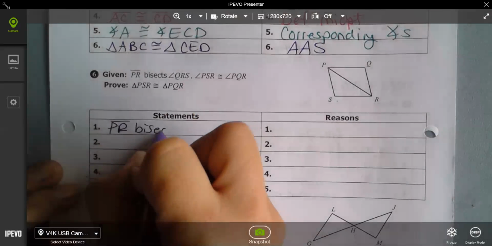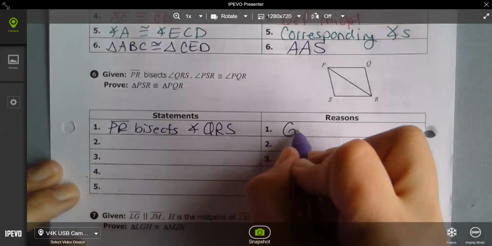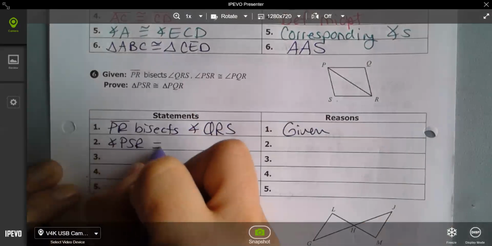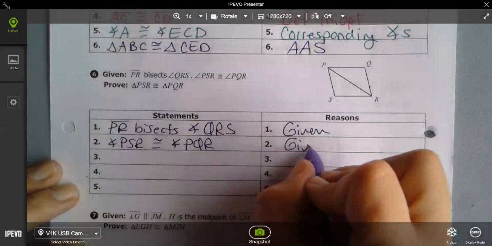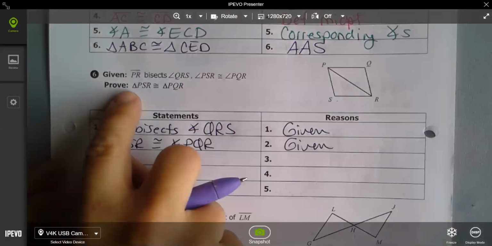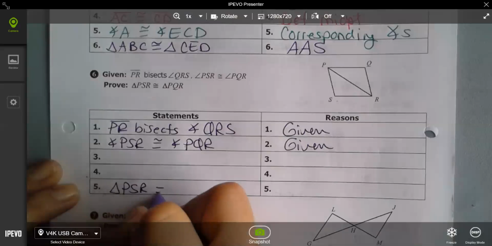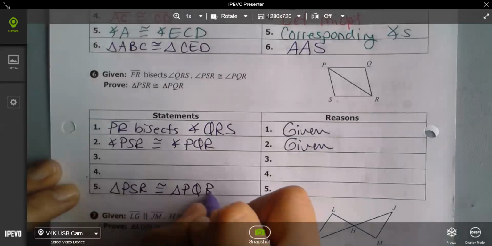PR bisects angle QRS, given. Angle PSR is congruent to angle PQR, given. And then my proof statement, triangle PSR is congruent to triangle PQR.